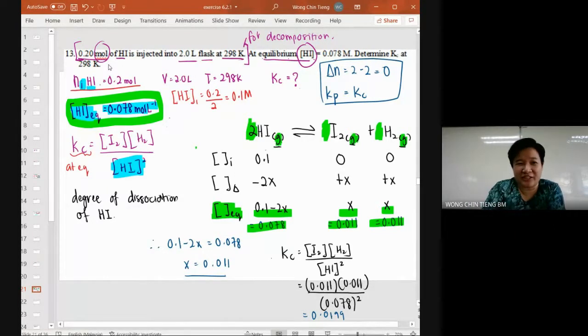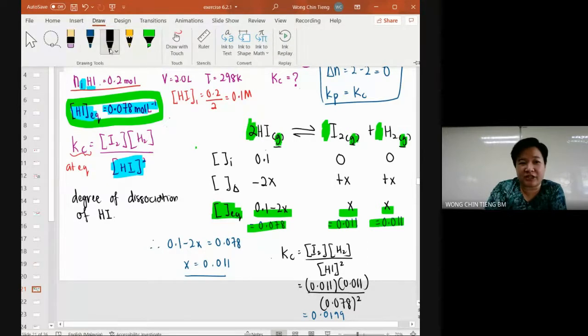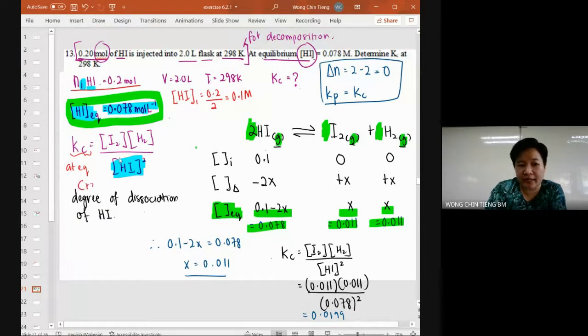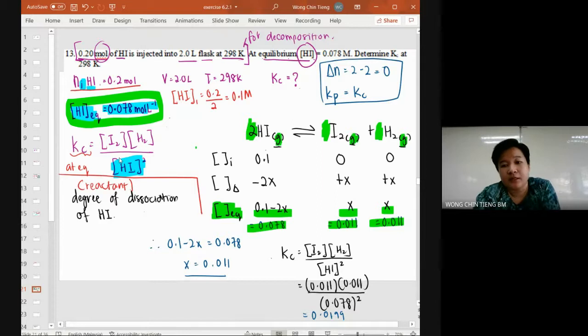Degree of dissociation, by the way, talking about what is actually dissociation. Biasanya soalan degree of dissociation, dia hanya boleh tanya untuk reactant. Kenapa? Degree of dissociation, bahasa senang dia, bahasa pasar dia, adalah banyak mana yang kita dah guna. Okay, how much of your reactant has been dissociated?